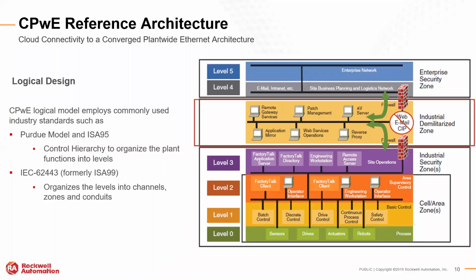Today, what we're going to be discussing with cloud connectivity is going to lie right here, where my cursor is, in the middle in this demilitarized zone. That's primarily where we're going to be focusing today, on how to set up secure access to the cloud so that everything below that, levels 3 through 0, is secure and there are no issues, but we're still able to access the cloud successfully.